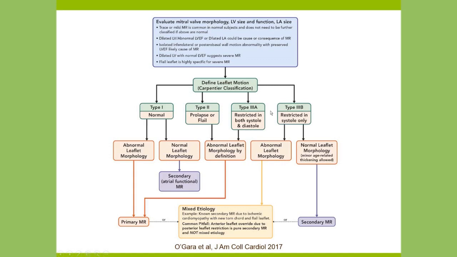So 3 is restricted, but A is both phases of the cardiac cycle, and B is systole only. So you've got to define that. And then you've got to determine, are the valve leaflets normal or abnormal? And if you do all of this, this algorithm will tell you whether you're dealing with primary MR, secondary MR due to atrial dilation, secondary MR due to the LV, or in some cases, both.